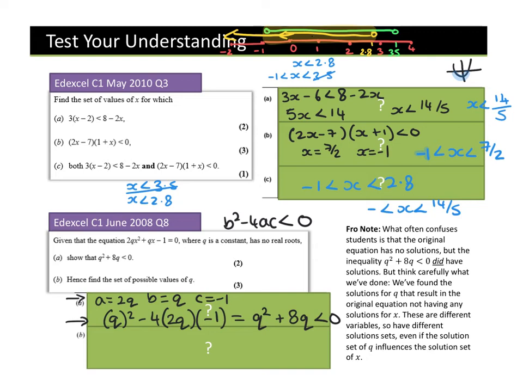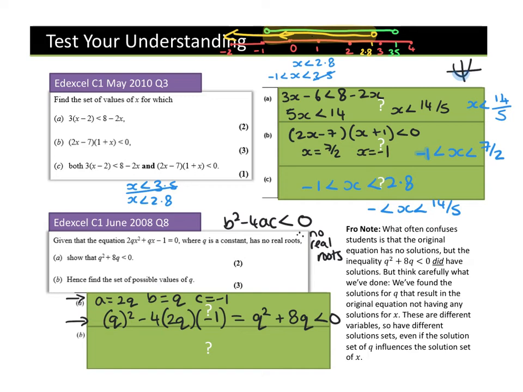Oh, and by the way, you have to write b squared minus 4ac is less than 0, therefore no real roots. You have to state that that's the equation you're using and why. Okay? So, that's part 1, 2 marks, nice and neat. Hence, find the set of possible values of q.